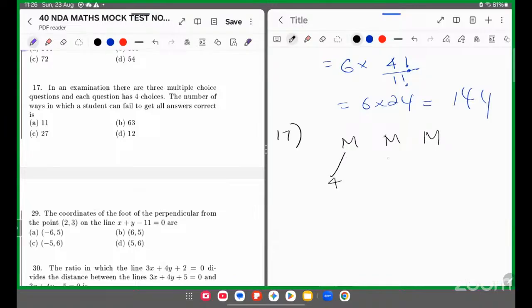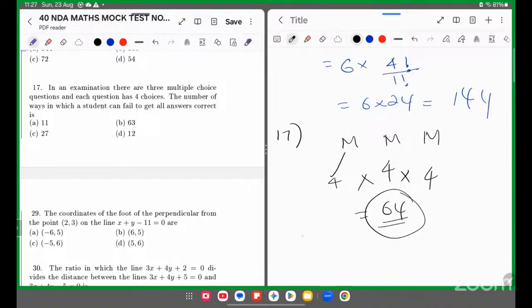Here 4 options, here 4 options, here 4 options. So 4 into 4 into 4, how much? 64. In 64 different ways you can answer the questions, in which all answers correct means only one option will be the correct one. So out of 64 different ways of answering, all answers correct is only one.